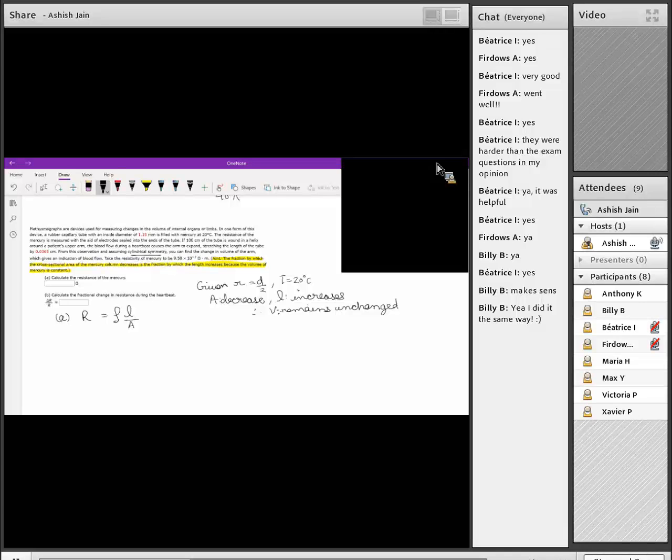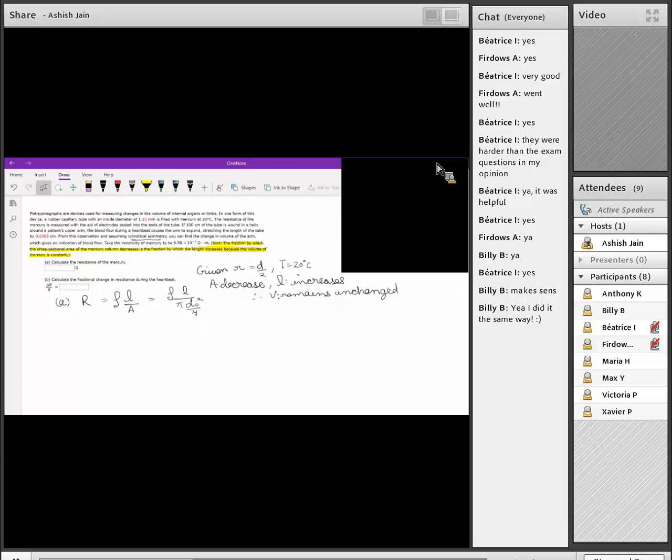Let's solve the first part. Calculate the resistance of the mercury. Resistance is given by, you know this formula, rho is the resistivity, right?